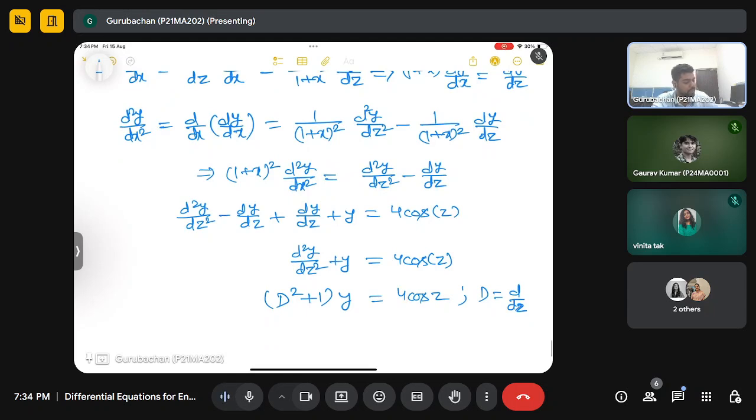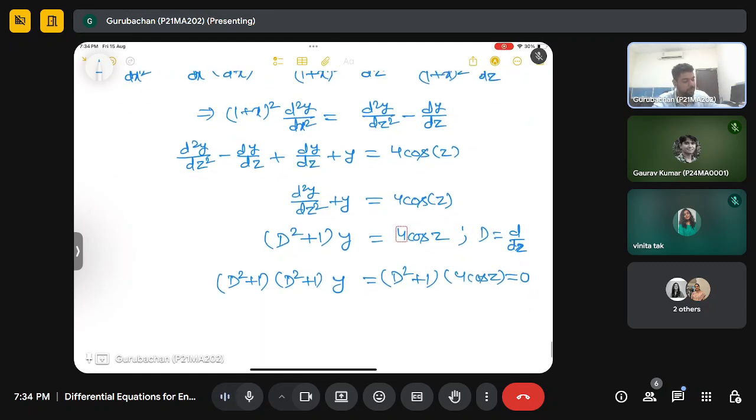Operating d square plus 1 over 4 cos z will give you 0. Then again, it's a repetition of root, plus minus iota.